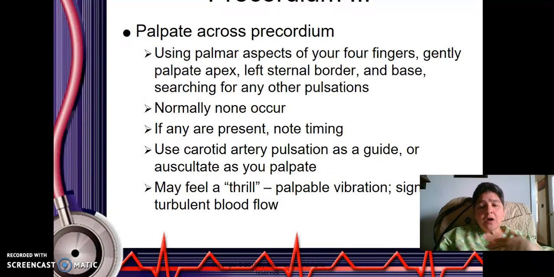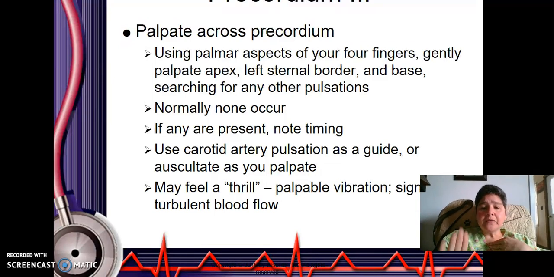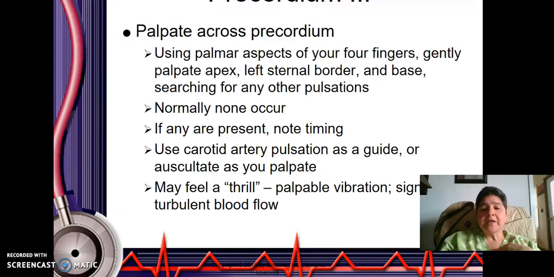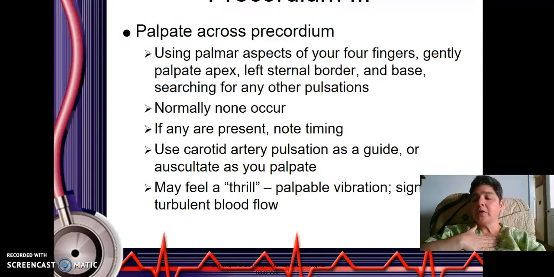Palpating across the precordium, again, that area of the chest wall that is above the heart and the great vessels, you're going to use the palmar aspect of your four fingers. If I have this up here, I'm going to be using this area, gently palpating, so you can see I'm using that aspect.